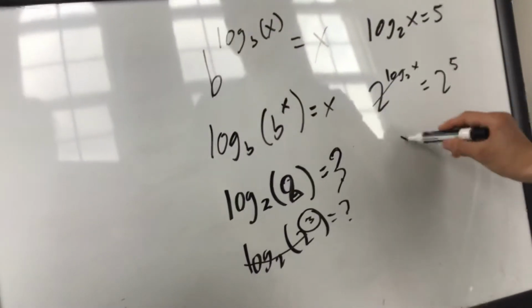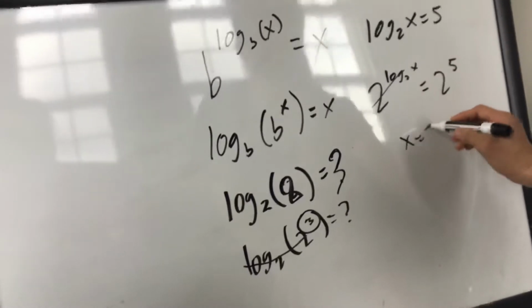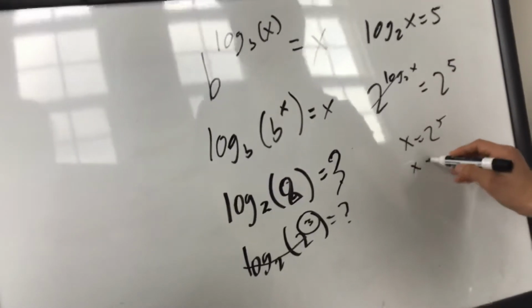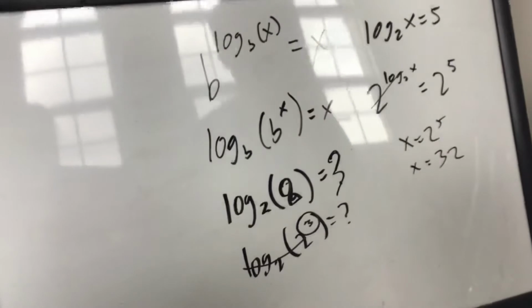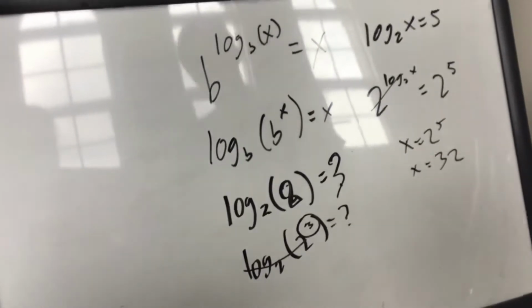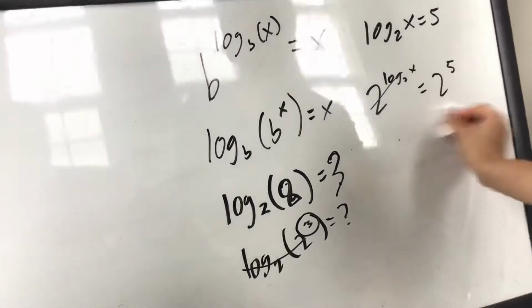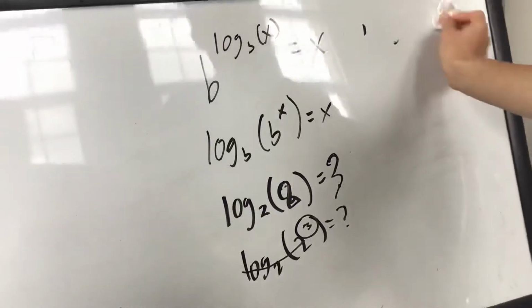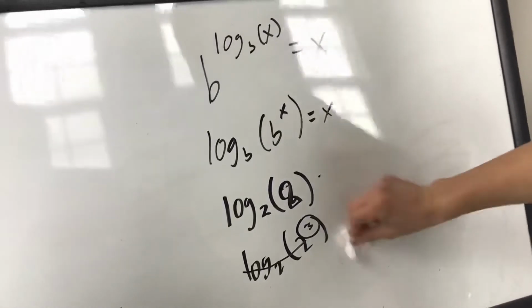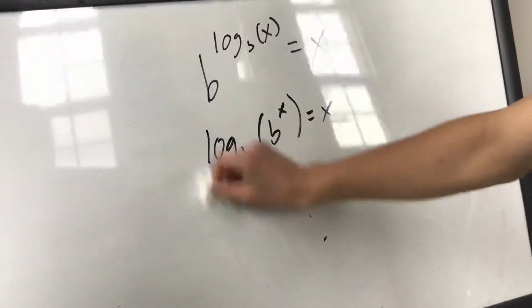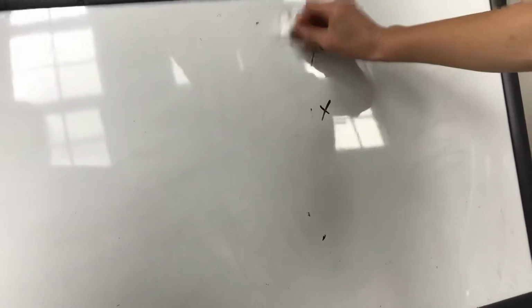And so you're left with x equals 2 to the power of 5, which means that x equals 32. That's just an application of this property that you might want to know. This is a very common property that is used very often when solving equations, because x is often the number that you're trying to solve for in the equation.